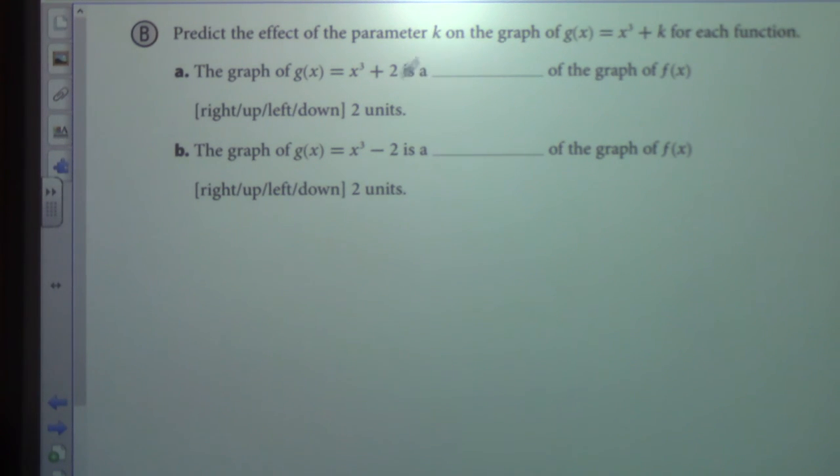Word starts with a T. Somebody said it, translation. And which way are we translating? Right, left, up or down? Up. It will be up 2 units, very good. The graph of g of x equals x cubed minus 2 is a translation, which way? Down. 2 units down, okay?